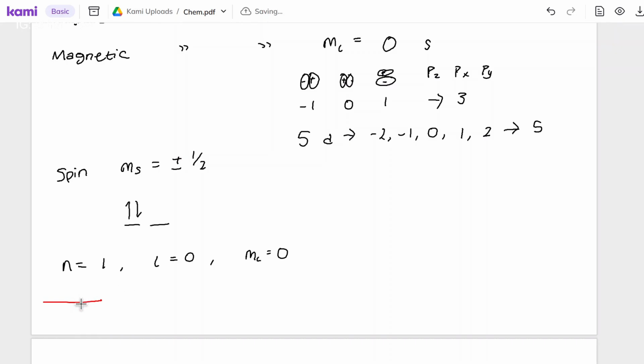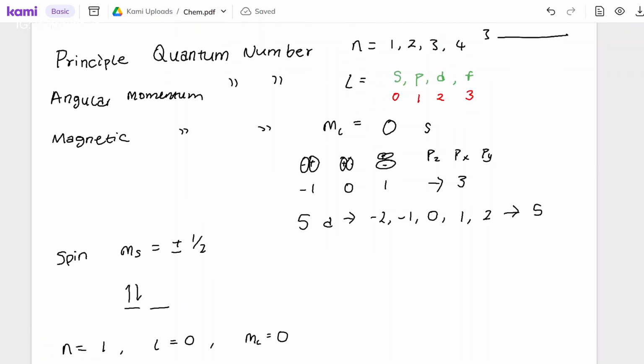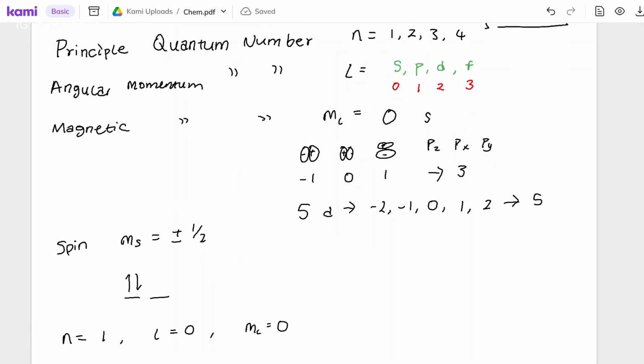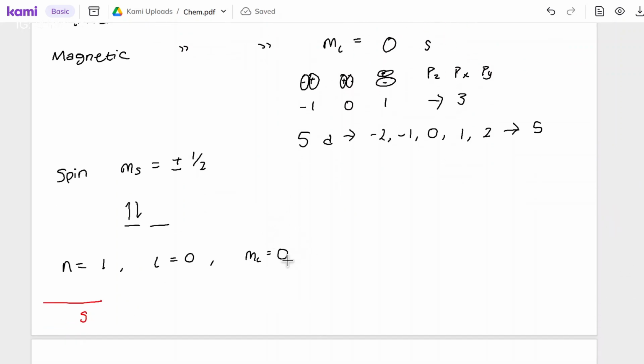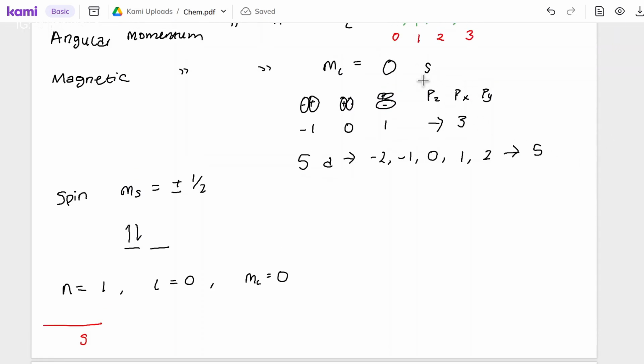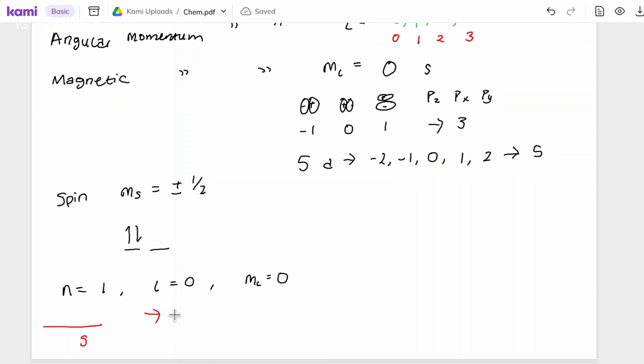If you remember the electron configuration, the first row of the periodic table is always S, and you confirm it with L equals 0. When L equals 0, it's the S orbital, and ML also has to be 0, because there's only one way for the S orbital to look, which is just the sphere.